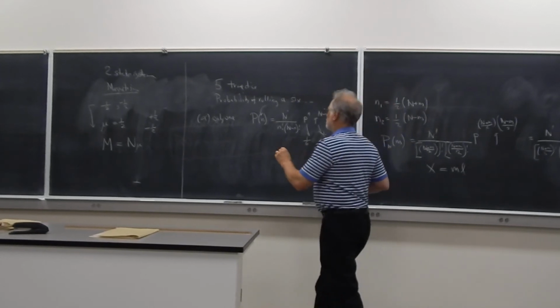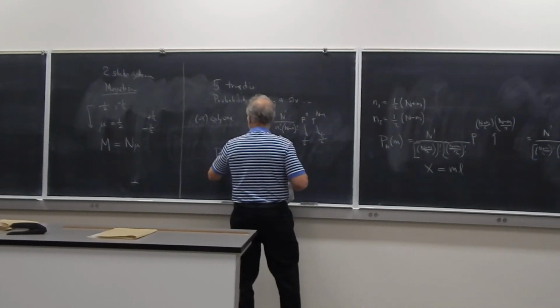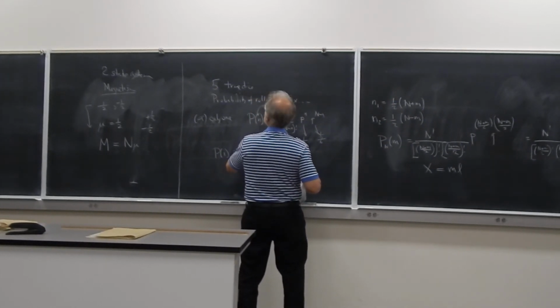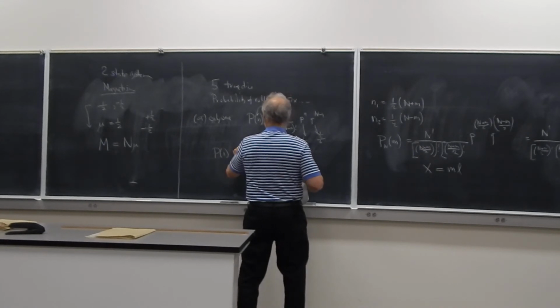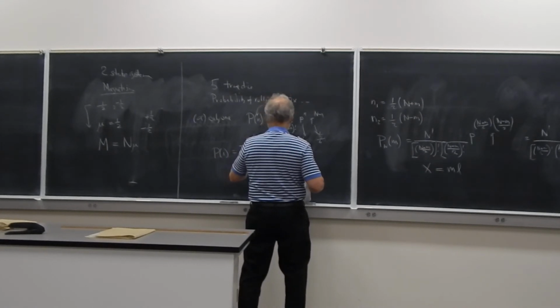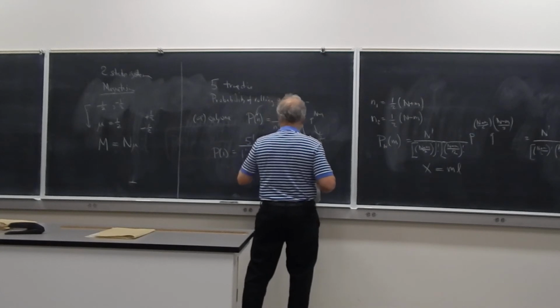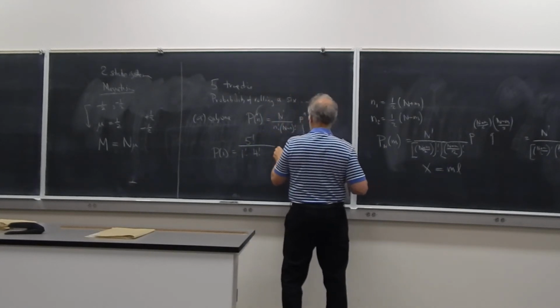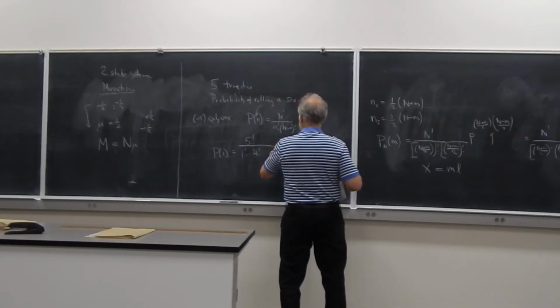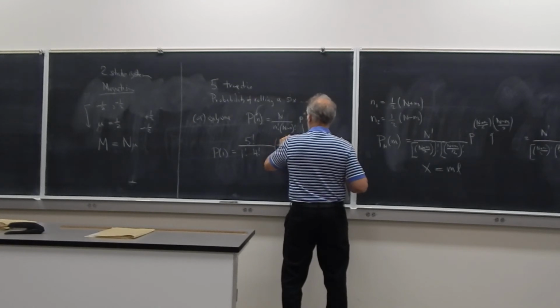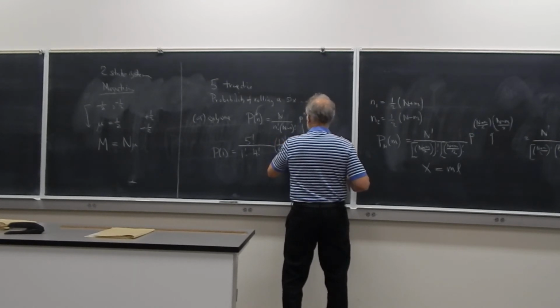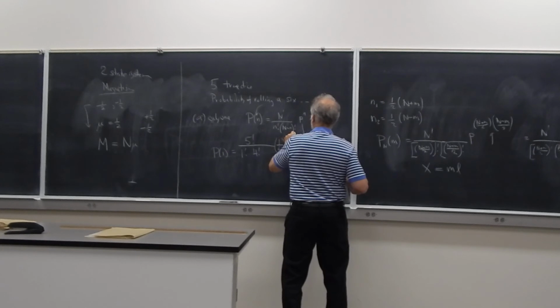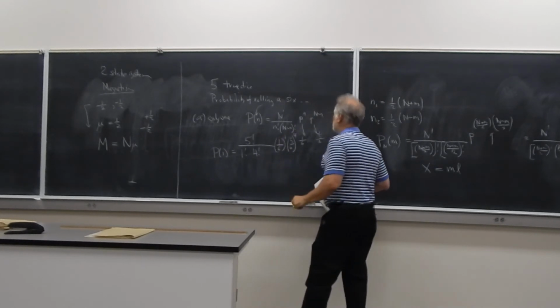And so if I want to find the probability that I throw a 1, it's going to be equal to 5 factorial divided by 1 factorial, 4 factorial, since N minus n is 4, and it's going to be 1/6 to the first power times 5/6 to the 4th power.